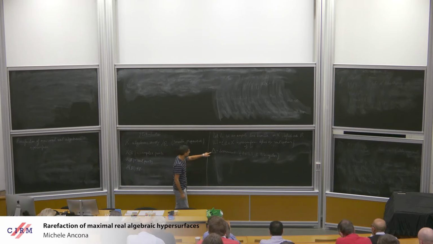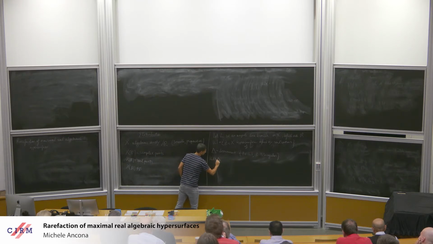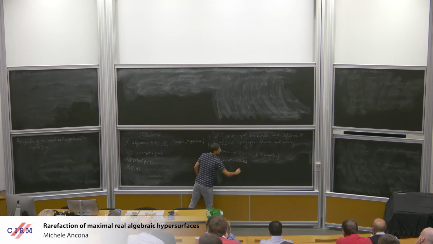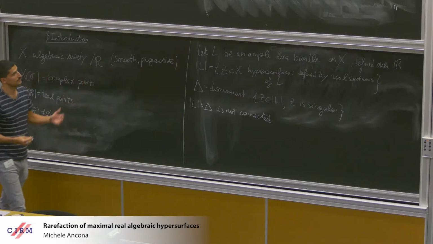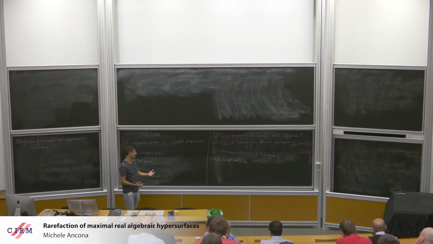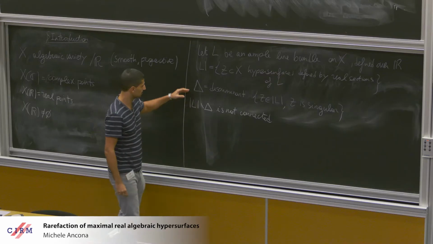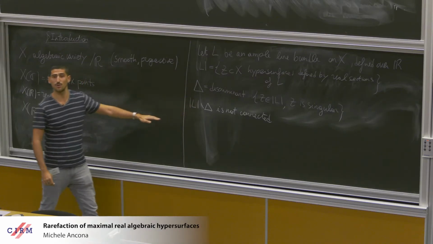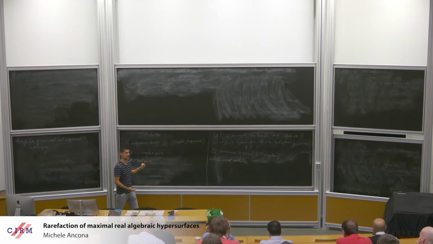And it's a real hypersurface inside the linear system, so the complement is not connected. The spirit of Hilbert's 16th problem is to try to give a list of the connected components of the complement of the discriminant.